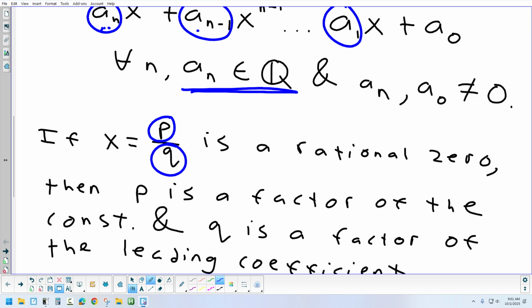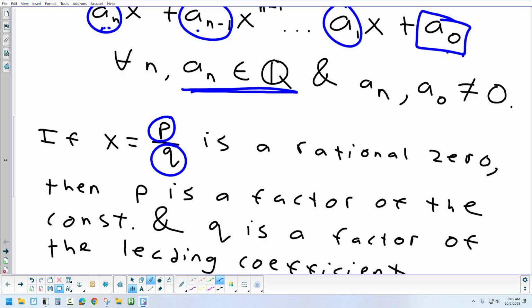P is always going to be a factor of the constant. So you look at the constant and you list all the factors of it, positive and negative. Like let's say the constant was a 12. The factors of 12 are positive and negative 1, 2, 3, 4, 6, and 12.